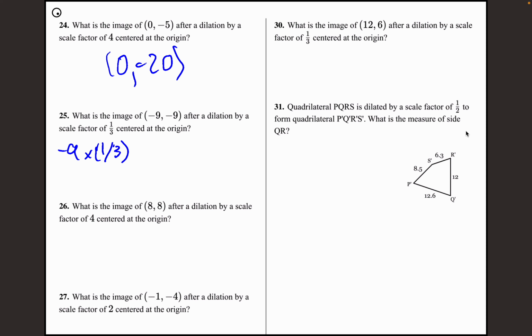Or you could do -9 times 1, because that's on top of the fraction, divided by 3. Okay, so what should our coordinates be here? Yeah. -3, -3. You just put parentheses 1 divided by 3.